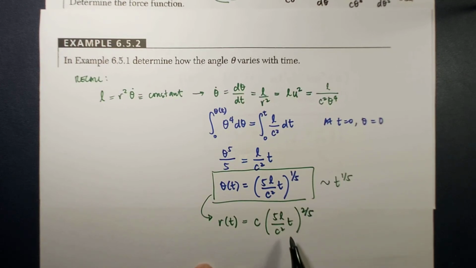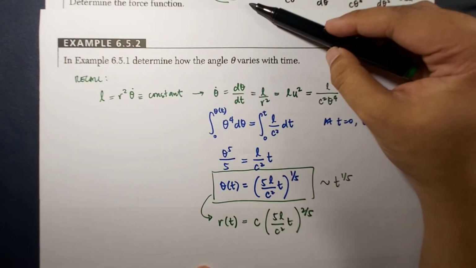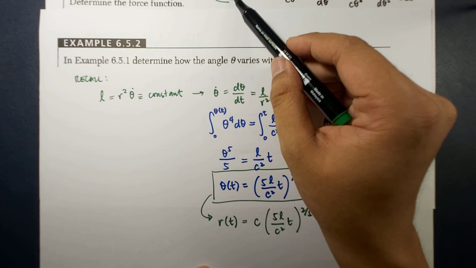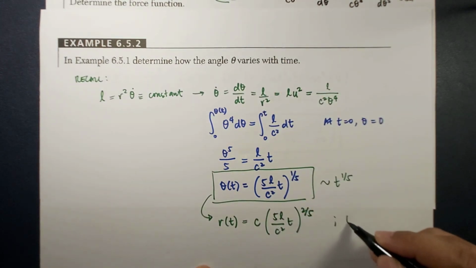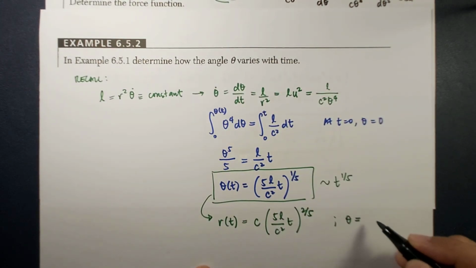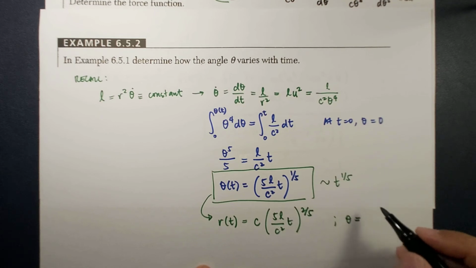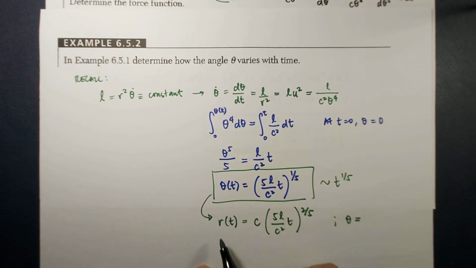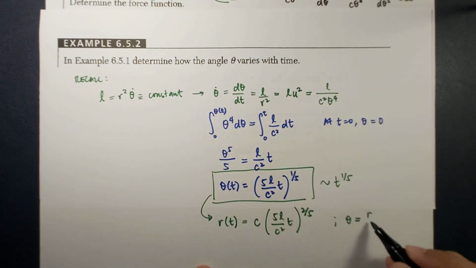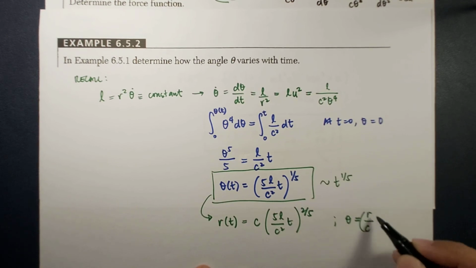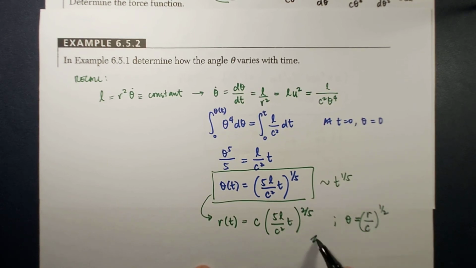And this came from this information: r is equal to c theta squared. So squaring this gives you this times c is this one, where theta is equal to r over c to the 1/2.